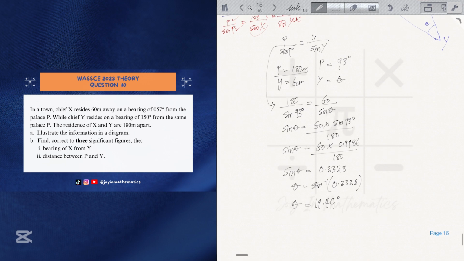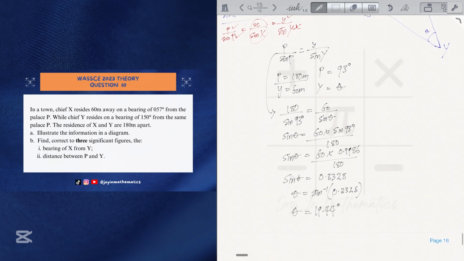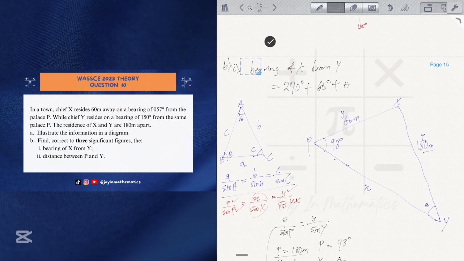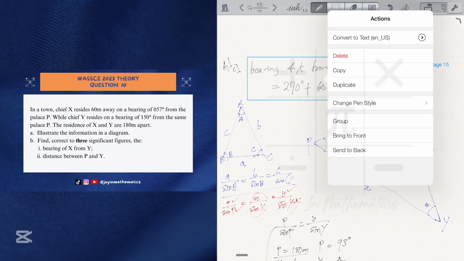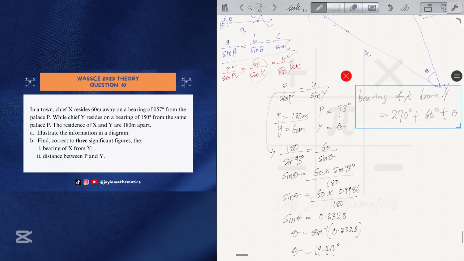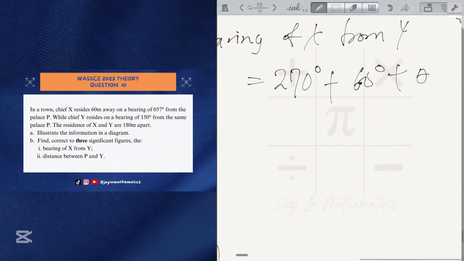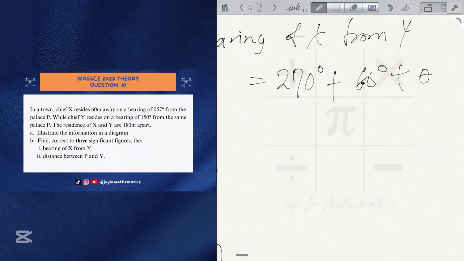Now, once we have evaluated theta, we can go back to the expression of the bearing of x from y. So we'll duplicate this so that we can evaluate the bearing of x from y. Wherever we see theta, we'll just change it to 19.44 degrees.